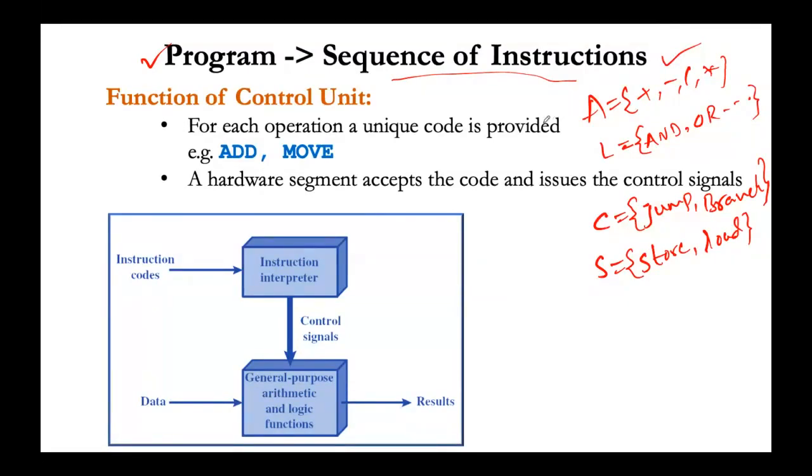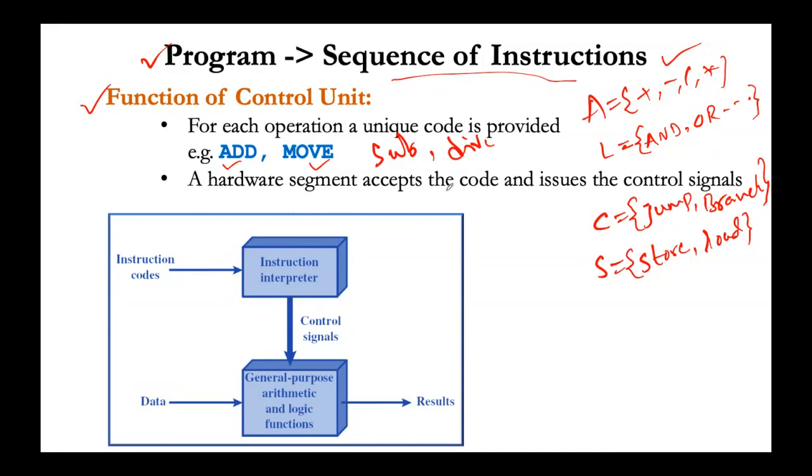So these instructions will be given to your sequence of arithmetic and logic units. We call that your functional unit. The function of your control unit is that for each operation a unique code is provided, which we call the opcode. Those codes may be addition, move, subtraction, or division instructions, anything.